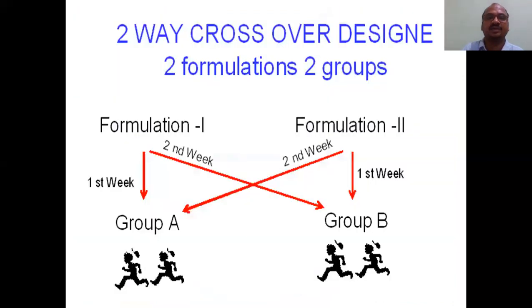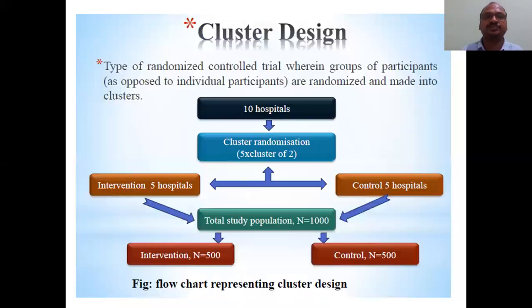Crossover design, this slide is more than enough. This diagram you have to draw in the exam, so that the evaluators get the impression that you have a cross. See here, cross study. It is a parallel study. And cluster design, the name itself indicates it is very complicated.